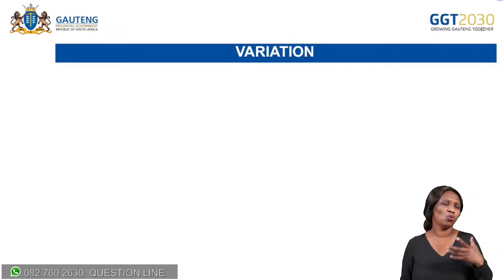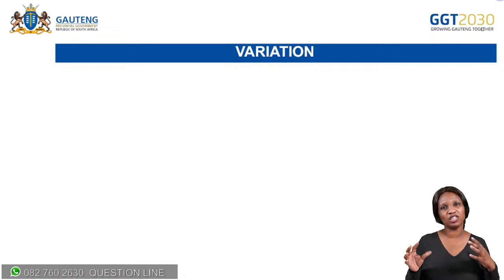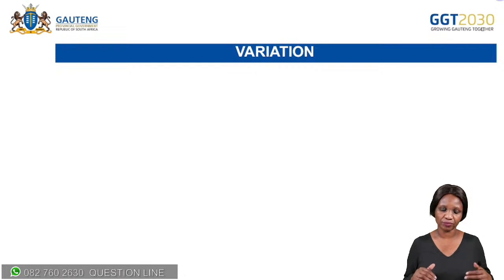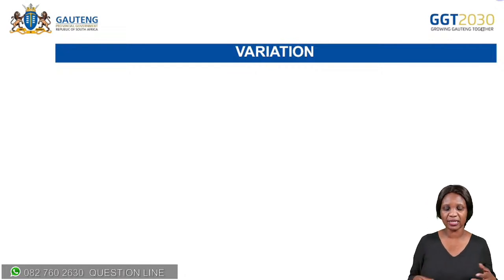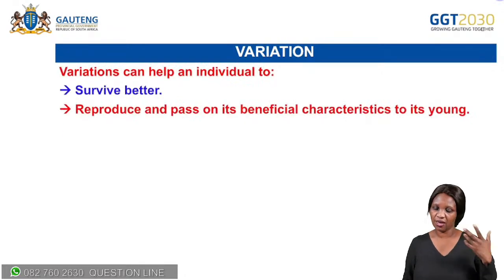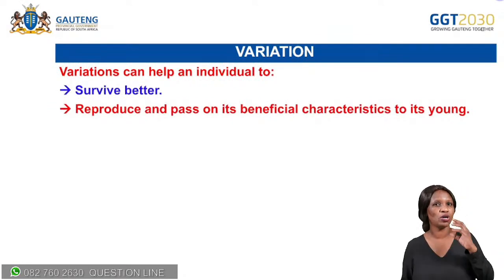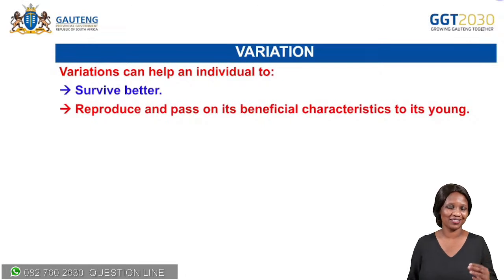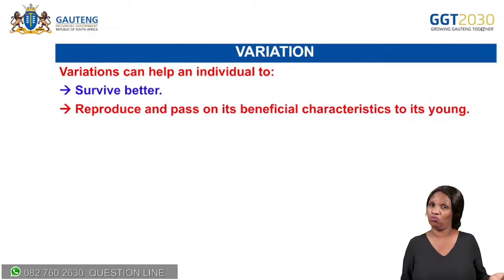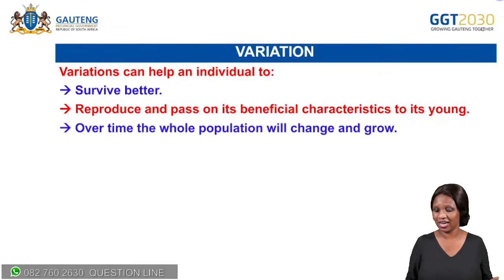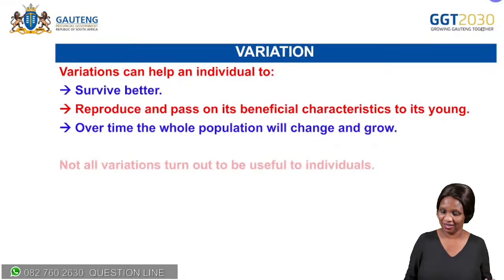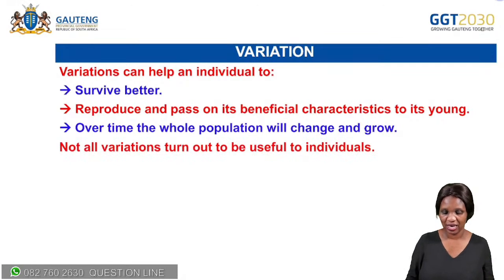And then why are we saying it might pass these variations? The animals might survive better, they reproduce, and then they pass the beneficial characteristics to their young ones. All right. And then over time, the whole population might change. All right. And then the population will grow.